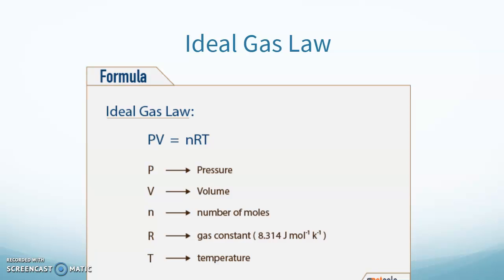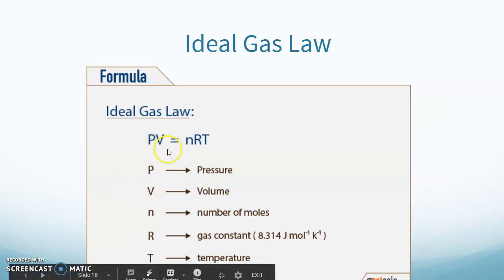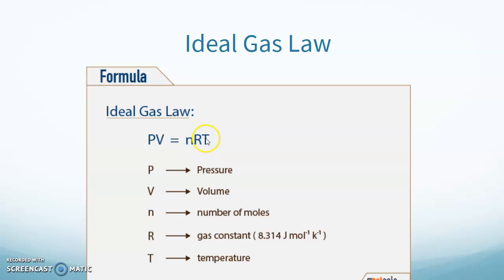Our ideal gas law: an ideal gas behaves in a certain way, and so if we have an ideal gas, we could use this to figure out how many moles we have. We could look at any of these variables.